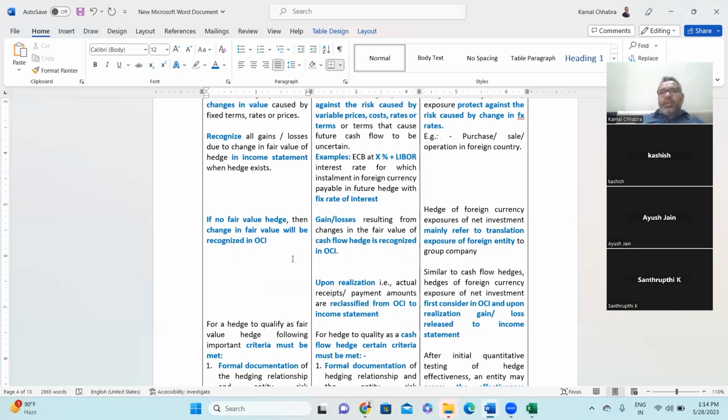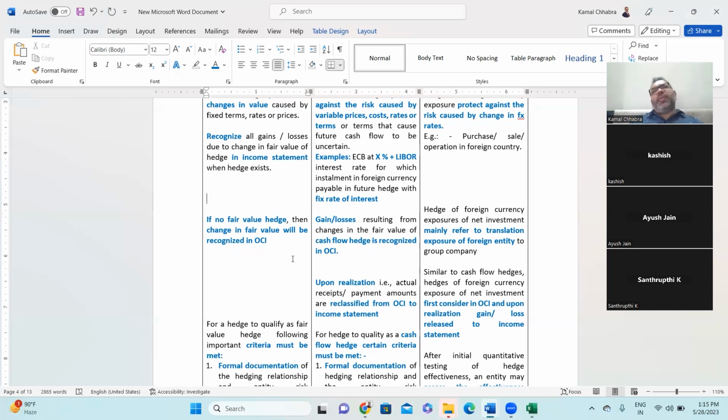Why will it go to other comprehensive income? You know why we park something in other comprehensive income? I think we discussed it in an earlier class. Because it is still not realized. Yes. And the major thing is we park those items in other comprehensive income over which company management does not have direct control.